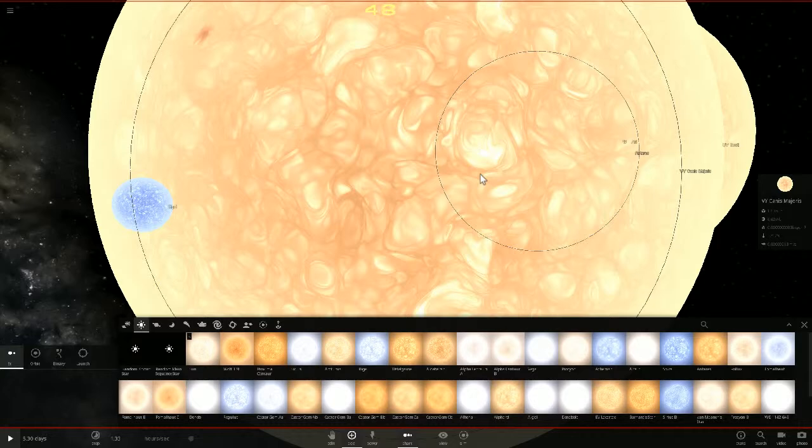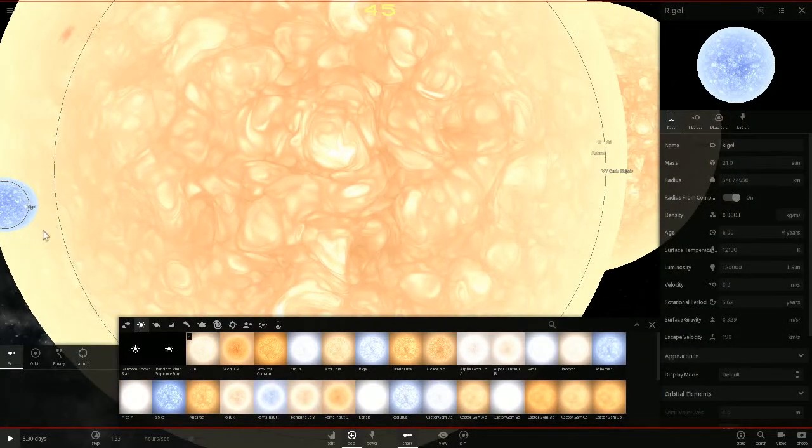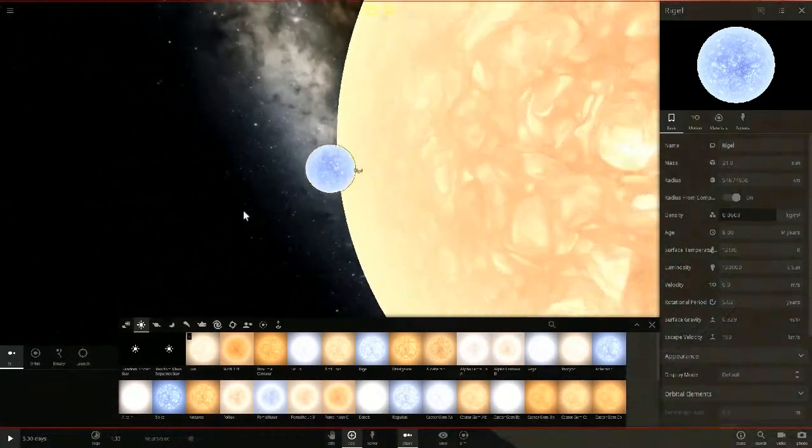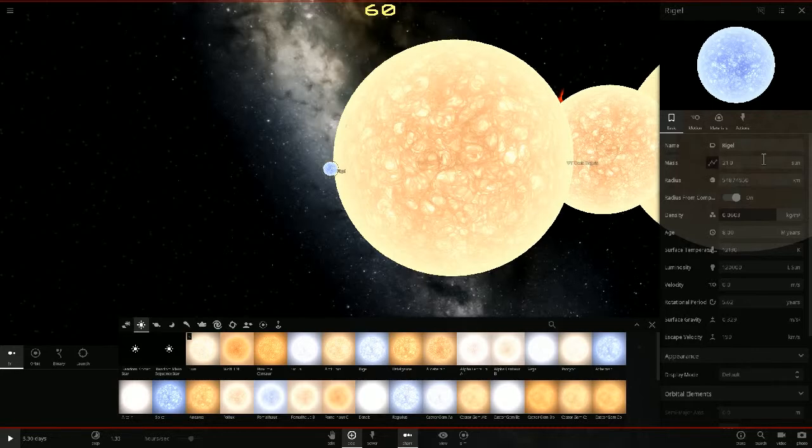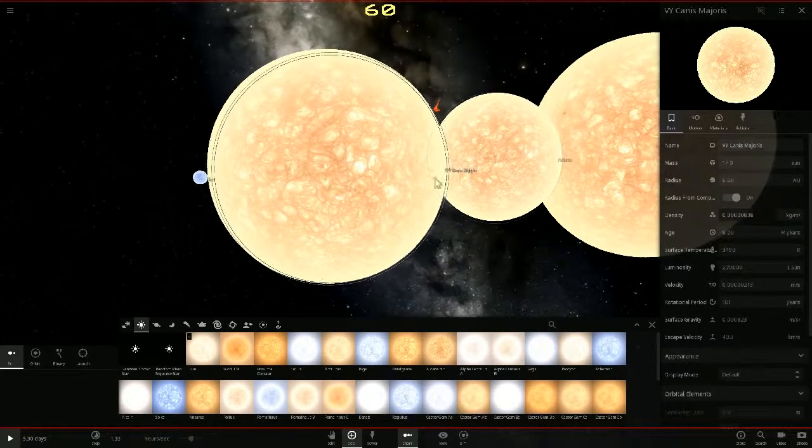And this is really why I'm putting up this video, because Rigel, yes, it's a small star. Well, not small. It's a blue supergiant, for God's sake. It's 21 times the mass of the sun. It's heavier than Phoebe Canis Majoris, but Phoebe Canis Majoris is bigger in size, in radius, than Rigel is.